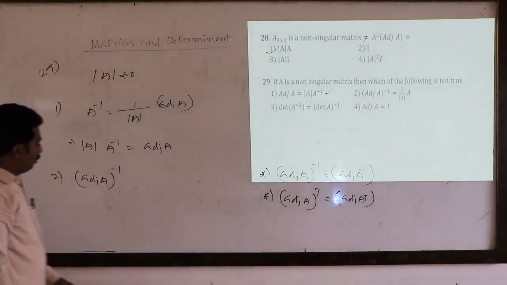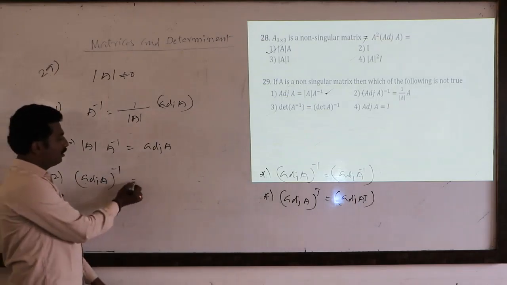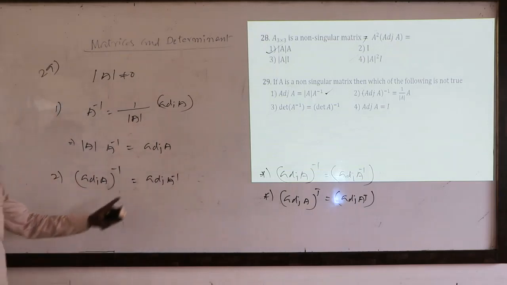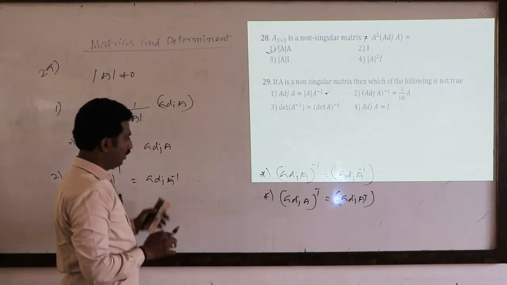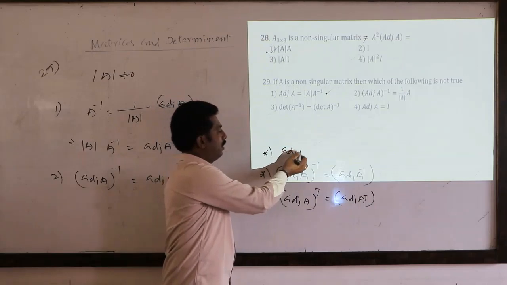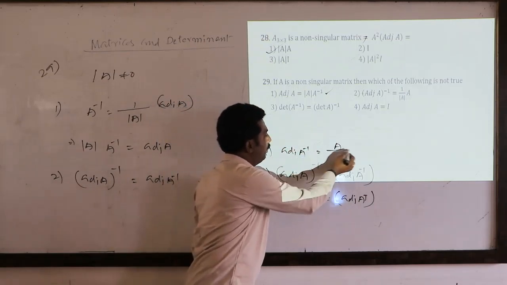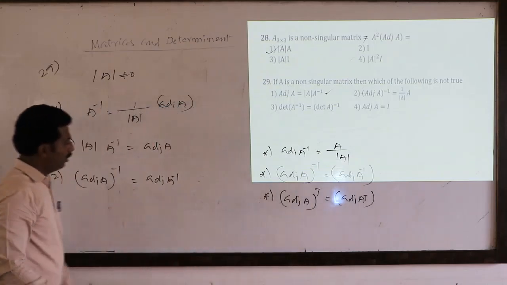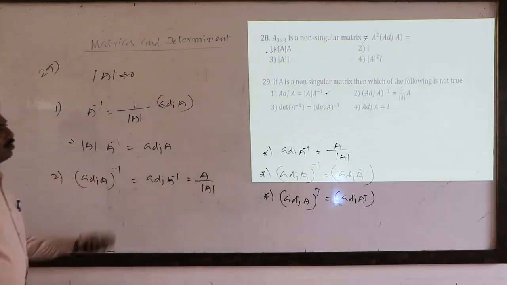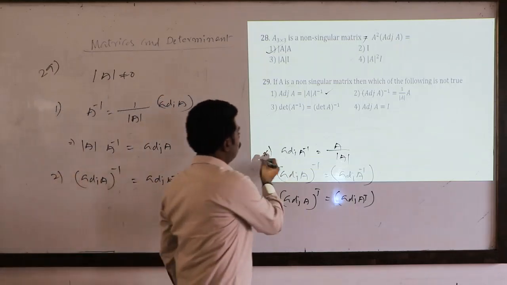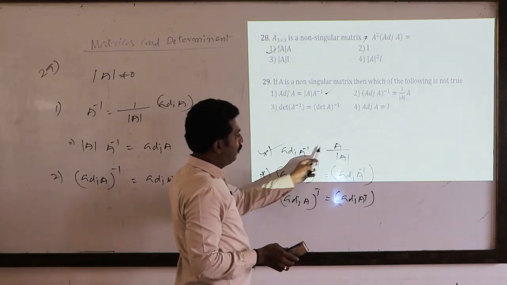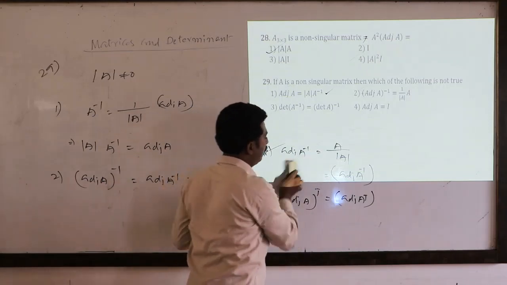So adjoint of A whole inverse is nothing but adjoint of A inverse. How to calculate adjoint of A inverse? Adjoint of A inverse is nothing but A divided by determinant of A. So just understand how we got this. Adjoint of A inverse equals A by determinant of A. How did we get it?